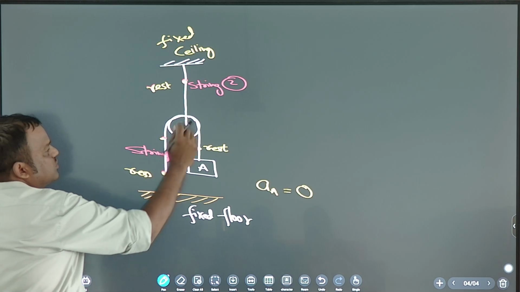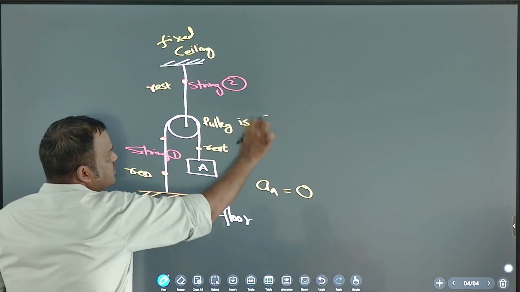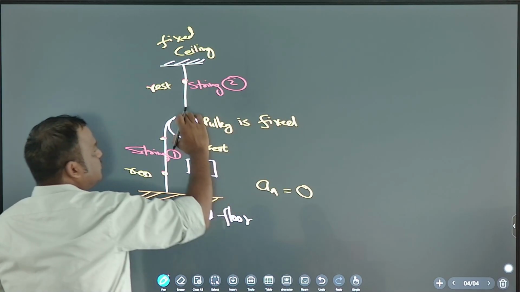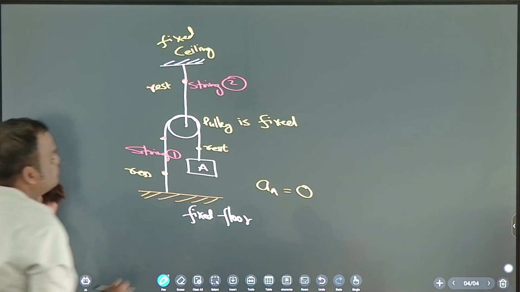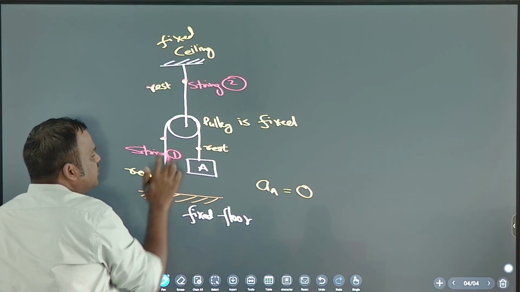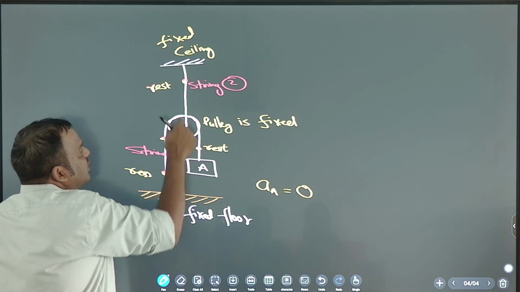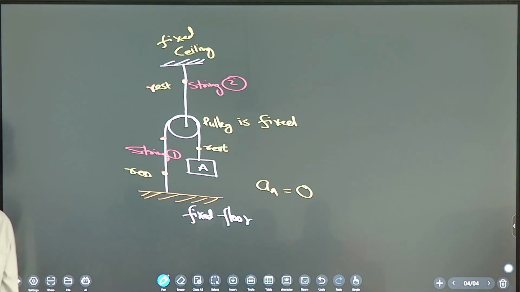So this pulley is also fixed. Pulley cannot go up and down. So block is at rest, pulley is at rest, all points of the string are at rest. Understood?